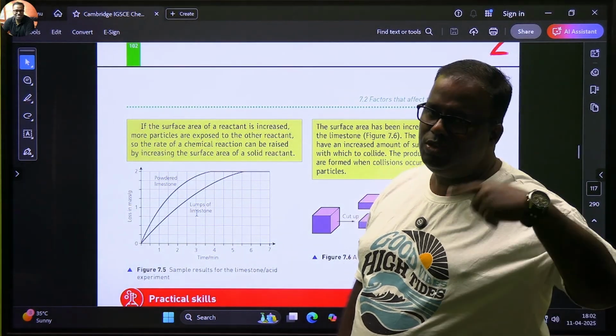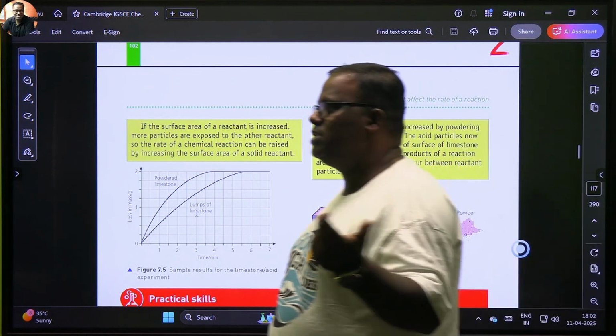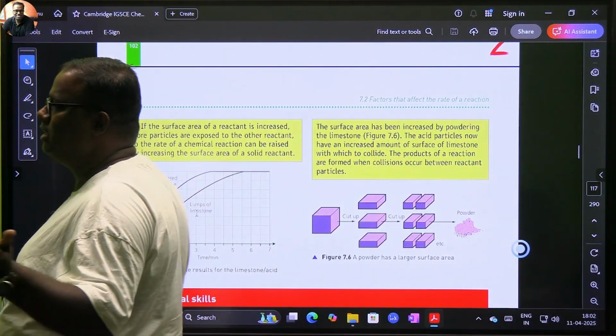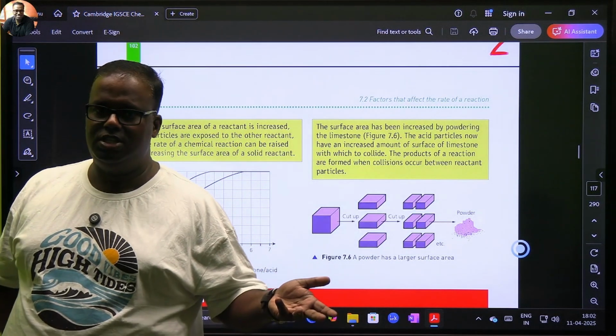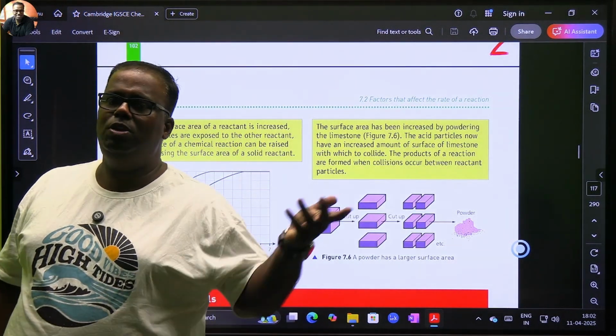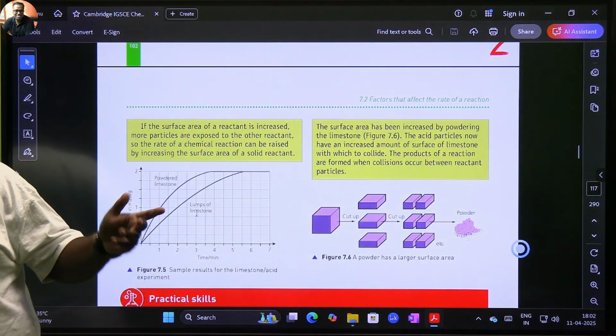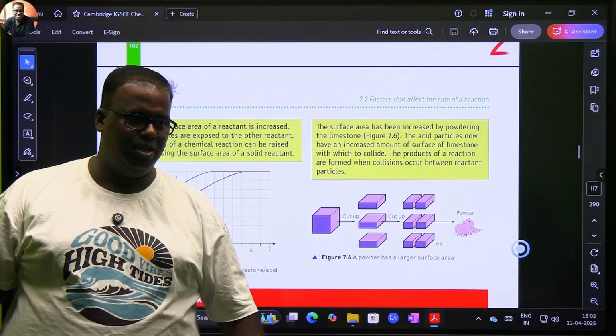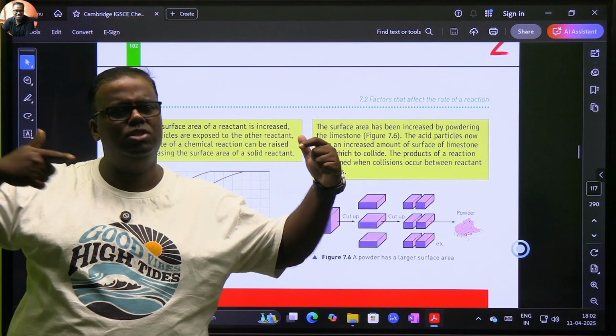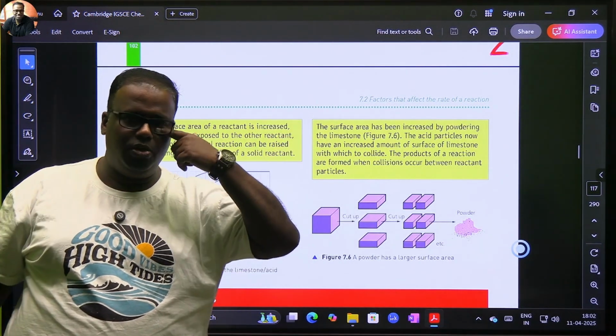So are you able to weave it now? The more the surface area, the more the number of particles. The more the number of particles, the more the collisions. More collisions, more chances for successful collisions, as a result of which my rate of reaction increases. So that's why we studied those two together, the collision theory as well as surface area.